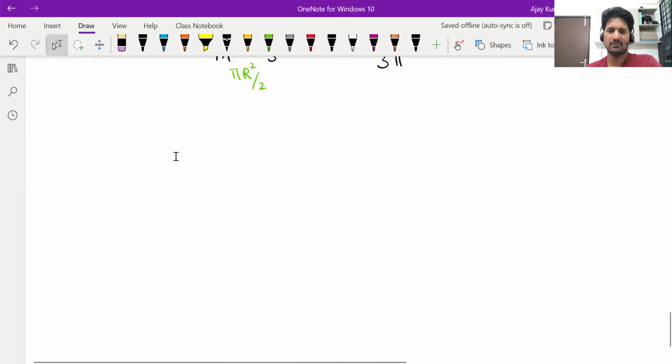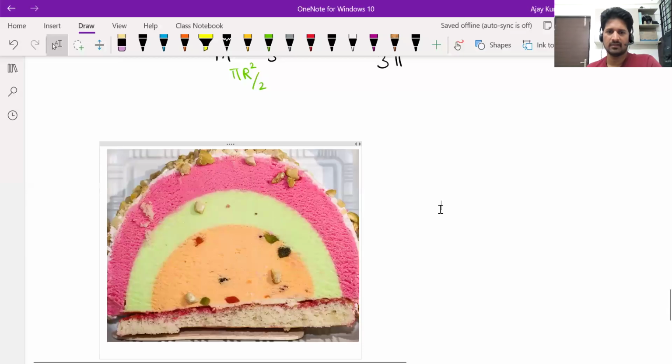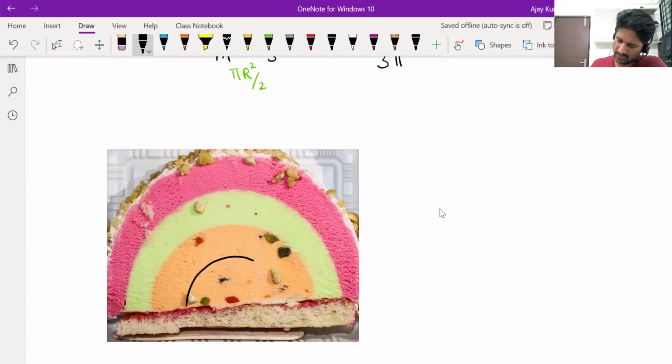Okay, you can even visualize this system like this. Not so wide also, but on the whole, it's a semicircular disk, and the semicircular disk is being considered as a collection of rings like this. What we struggled for all this while is to express the area of one of these rings.